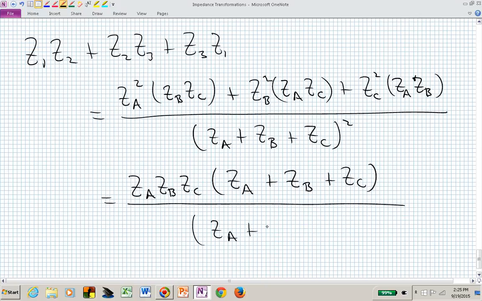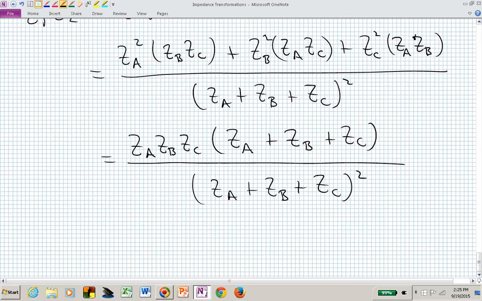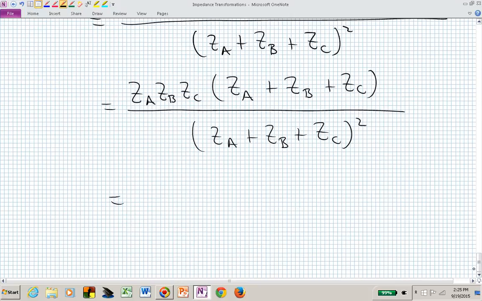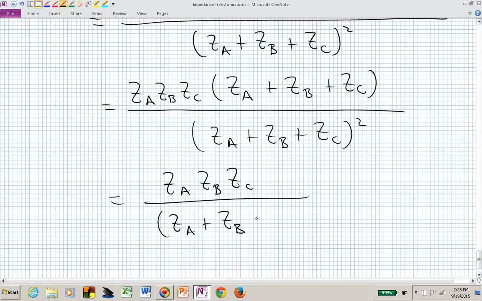That looks nice. Now I can use that to eliminate one of those factors in the numerator and denominator, so that now this pairwise sum of 1, 2, and 3 becomes equal to Z sub A, Z sub B, Z sub C over the sum of those three impedances.